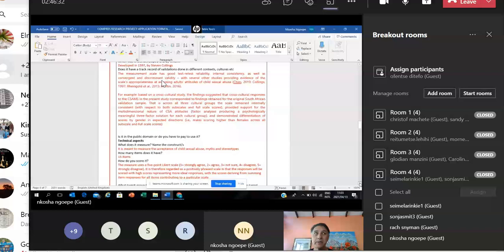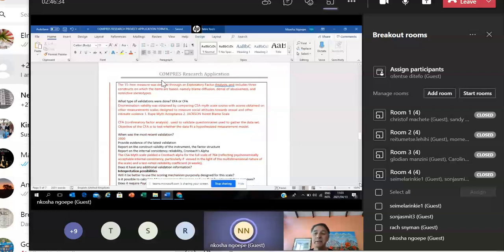The Cronbach alpha for the full scale is 0.764, which means it's about a 76% reliability.